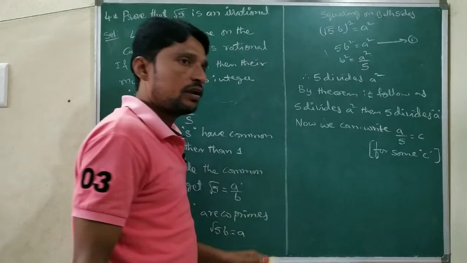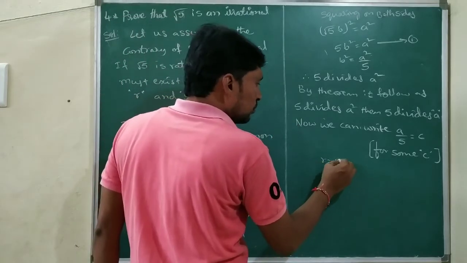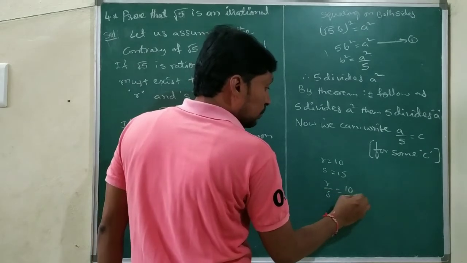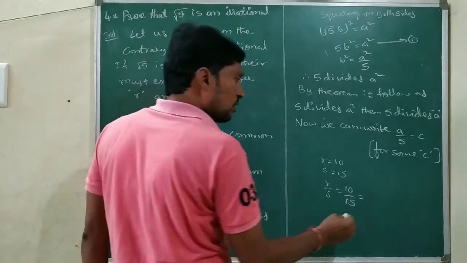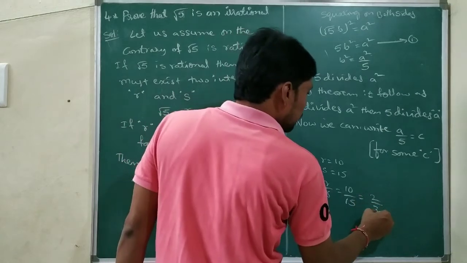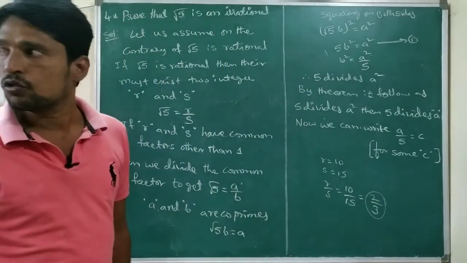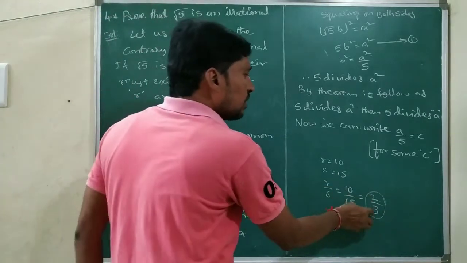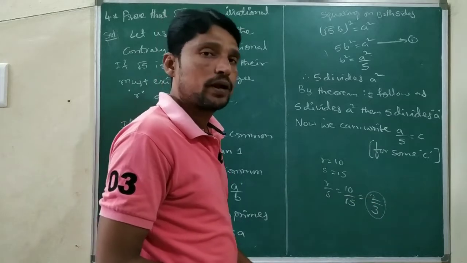Once again, repeating here, r equals 10 root 2, s equals 15 root 2. R by s value is 10 by 15. After cancelling the common factors, we got 2 by 3. So 2 by 3 means here a by b. They have only 1 as the common factor, which means 2 and 3 are co-prime numbers.